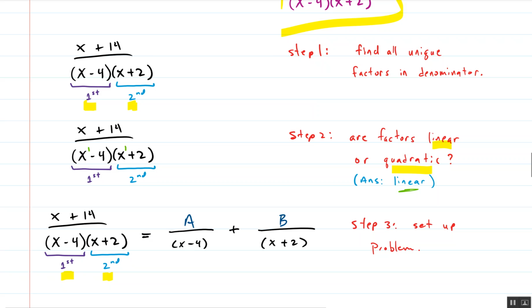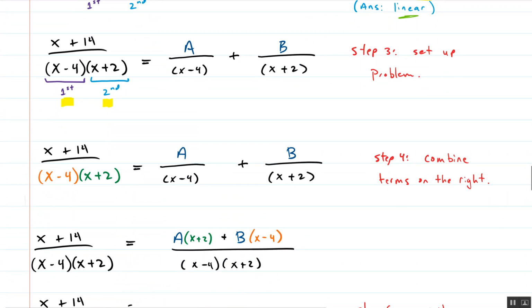They're just variables that represent numbers that we need to find. Because once we find those numbers, we'll be done. And we will have effectively split up the stuff on the left into 2 different fractions that are added together or subtracted.